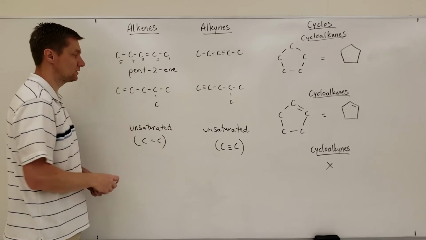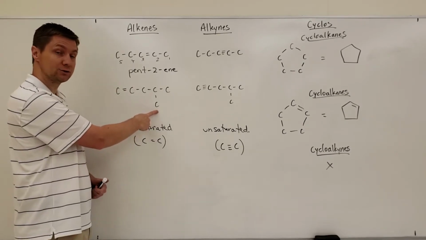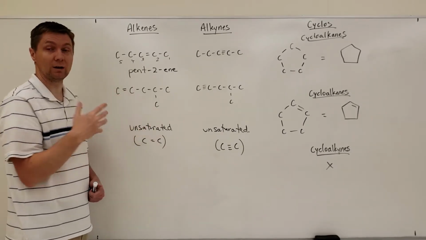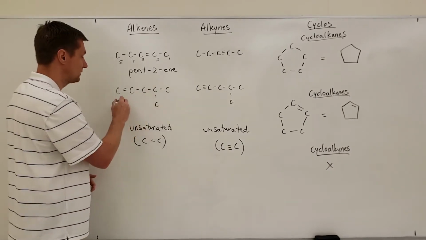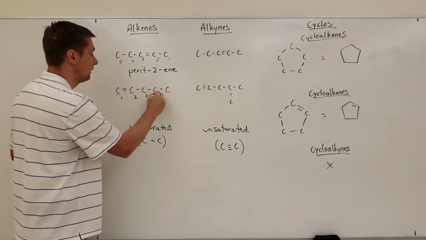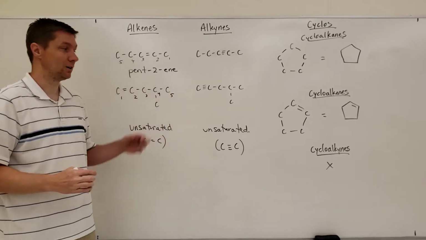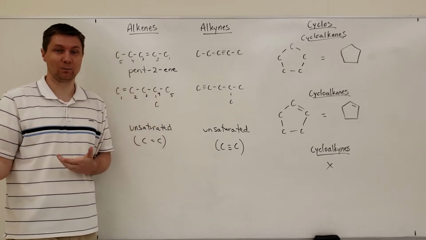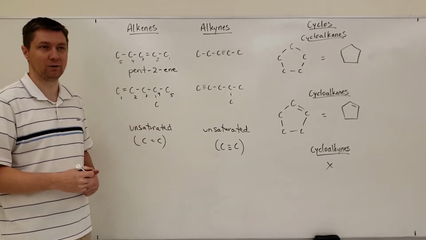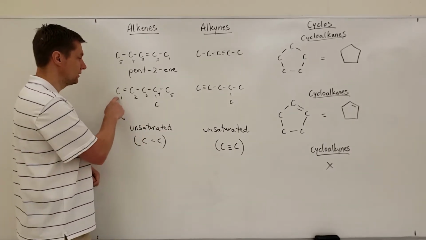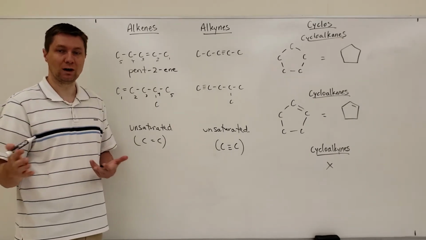If I take a look at this one right here, you can see I've got a methyl branch and I've got a double bond. So again, I'm going to number this so that the double bond gets the lowest number. So I'm going to number this way. 1, 2, 3, 4, 5. I could number it the other way, but again, the double bond would have a much higher number, and that's not following the rules. The double bond must have the lowest number possible. So this double bond is touching carbon 1.